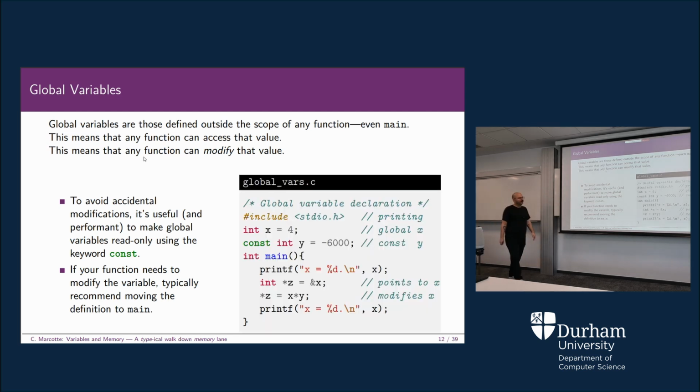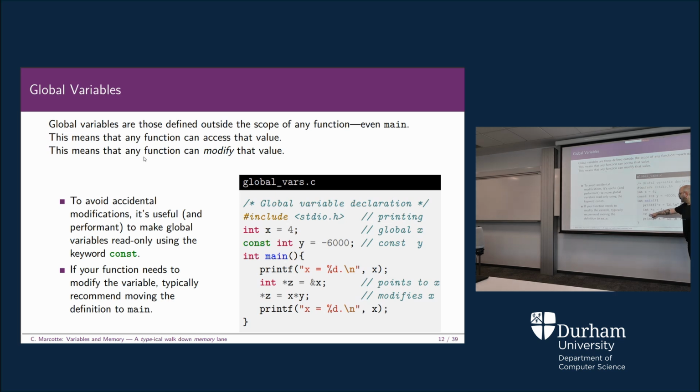So in this short program, again, we're including standard I/O for printing. We've set a global variable x to 4, and we've set a constant integer y to minus 6,000. And then in main, we're printing the value of x, where we have an integer pointer z pointing to the location of x, so it points to x.